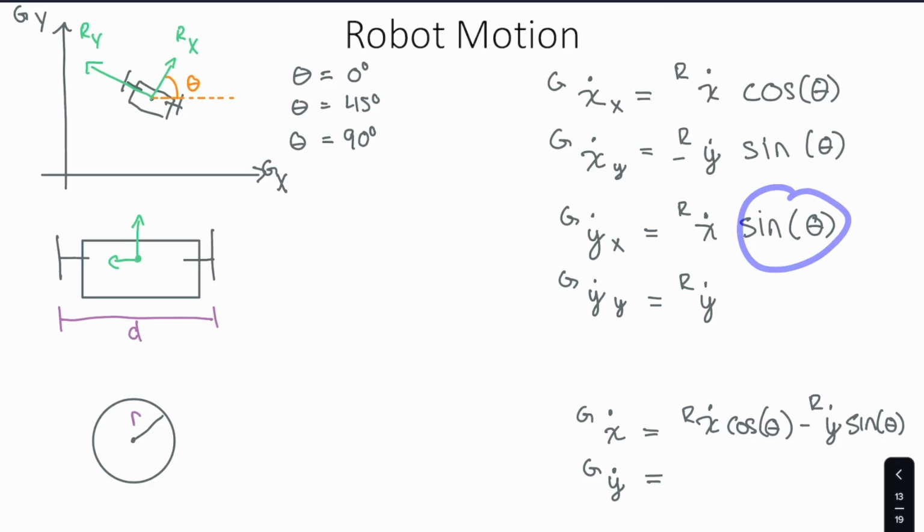So that checks out for sine as well. Looking at our second contribution here, I'd encourage you to plug in numbers for theta equals 0, 45, and 90 to see if you can come up with y dot r cosine of theta. And so this gives us now our two equations of motion in the x and y global frame coordinates.